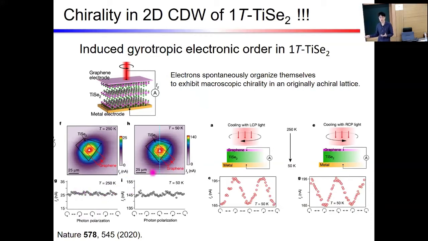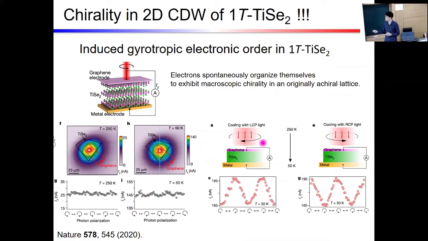If this CDW is chiral, they should respond differently, because in a chiral structure there is so-called optical activity, which means the absorption is different for different circularly polarized light. But here also they don't have any change in the photocurrent when you change the polarity of the circularly polarized light.